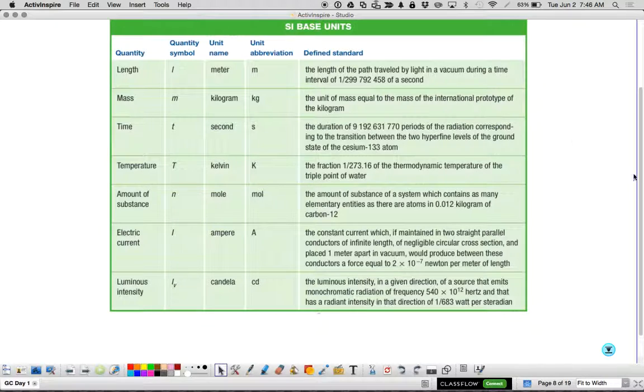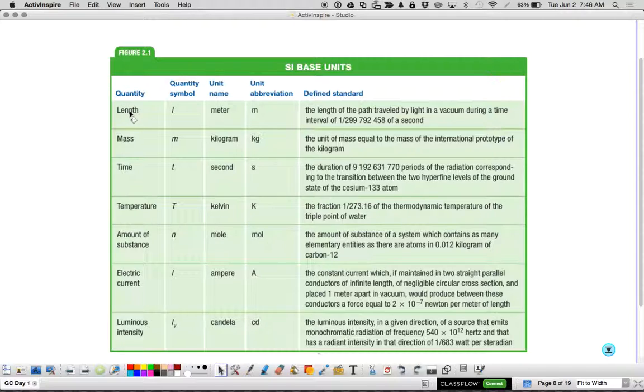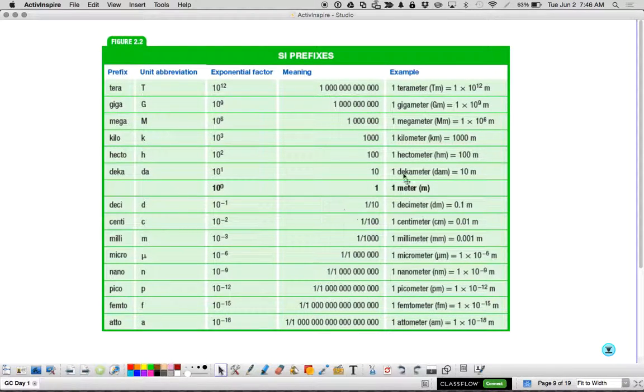Now, if we take something like the meter, I could represent vastly different sizes of lengths, right? Like the length from the Earth to the Sun versus the width of a human hair. So obviously, we don't want to be using meters for everything, so we use prefixes, okay?